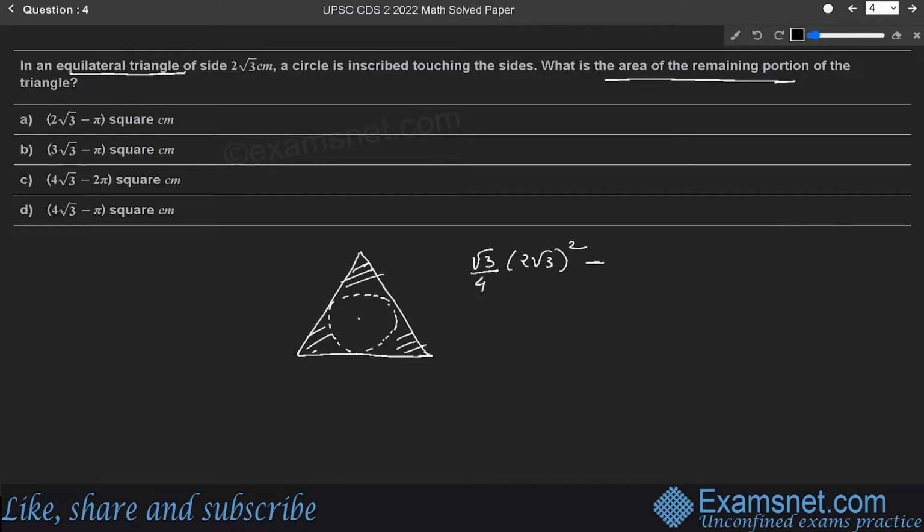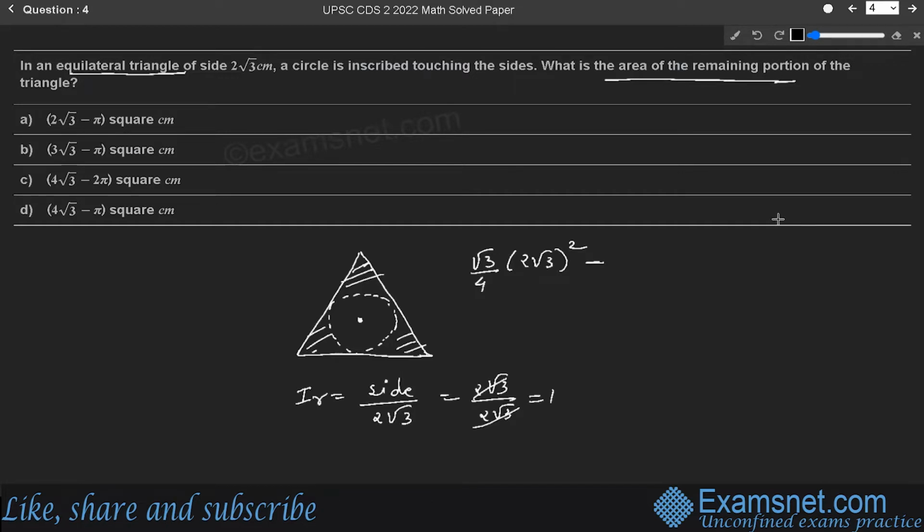And we know that when a circle is inscribed, there is an inner radius, which is given by side upon 2 root 3. This is the formula. Side is 2 root 3 upon 2 root 3, which is 1. So we can say that the inner radius is 1.